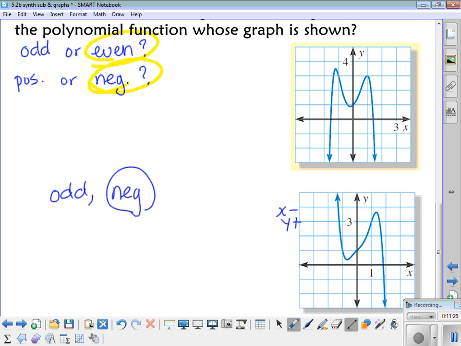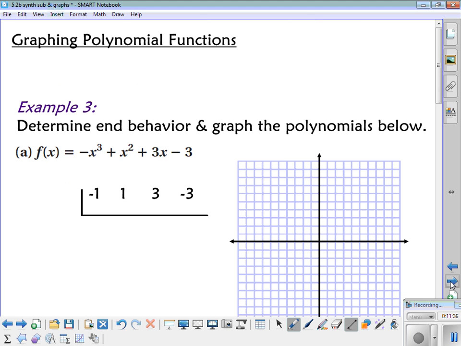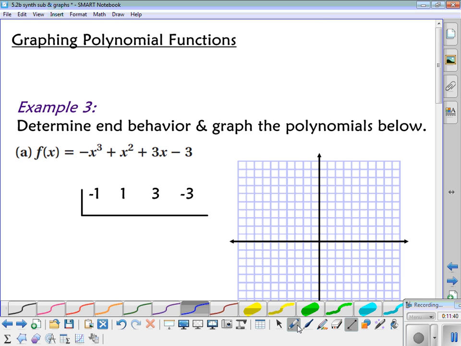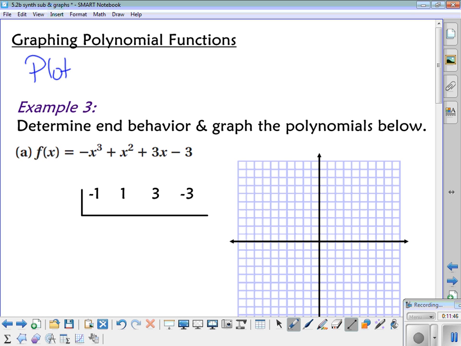All right, and then the last thing I want to talk about is graphing, because I know you all love graphing. Woohoo! Graphing polynomial functions. It's actually pretty straightforward. You just plot points. You're not going to have to memorize any shapes or any patterns.